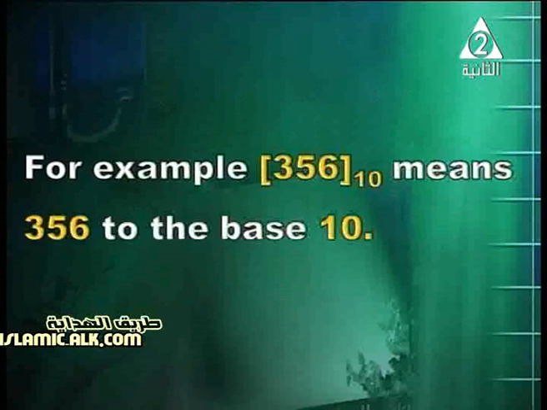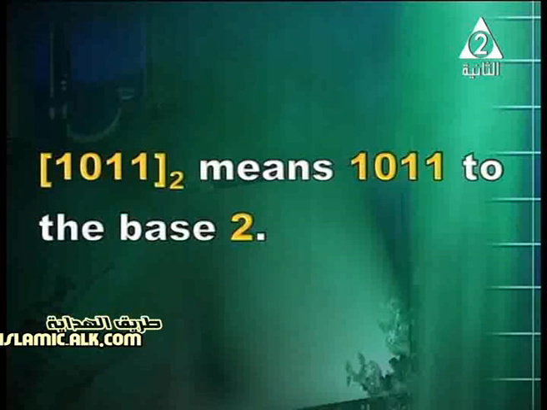For example, (356) to the base of 10 means it is decimal. (1011) to the base of 2 means that 1011 is a binary number.